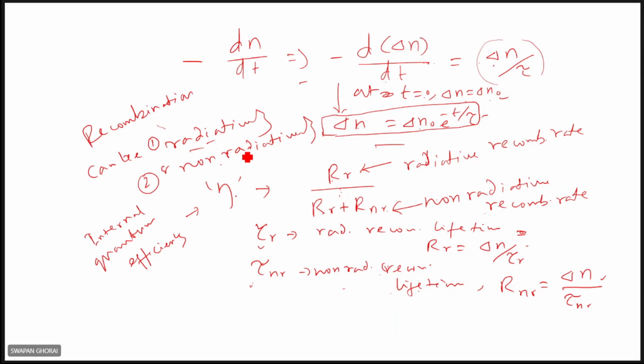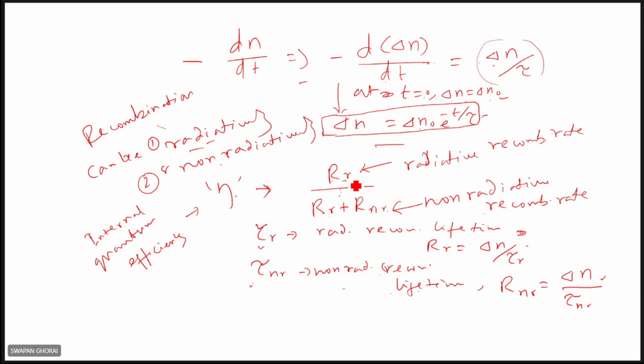We are interested in radiative recombination. So eta can be defined this way: internal quantum efficiency eta is the fraction of electron-hole pairs that recombine radiatively. It is the ratio of RR divided by total recombination, radiative plus non-radiative, where RR is the radiative recombination rate.